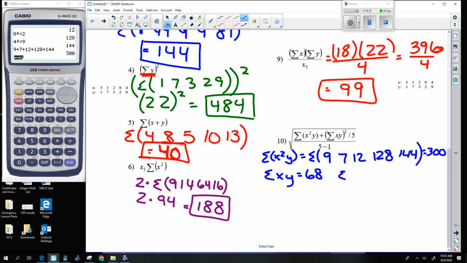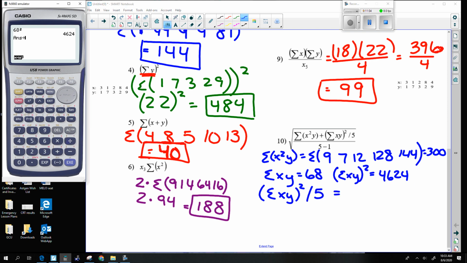Well, I'm taking that sum of xy, aka 68, squared. And then I'm taking that sum of xy squared and dividing it by 5. $924.8.